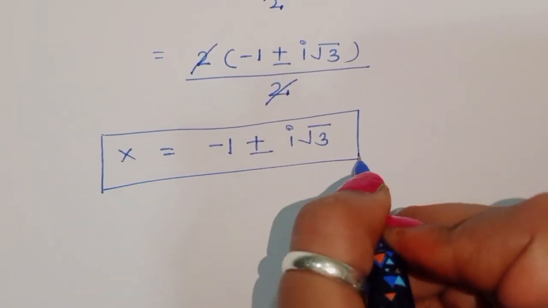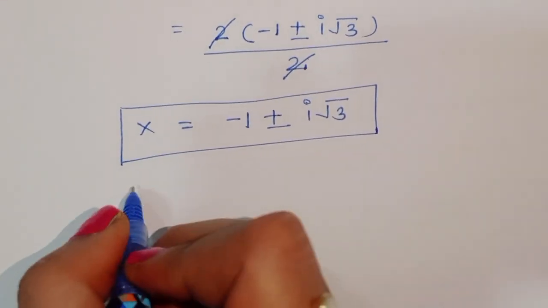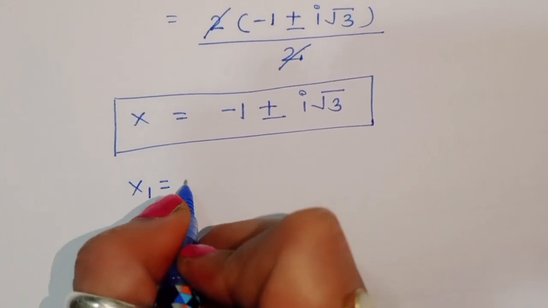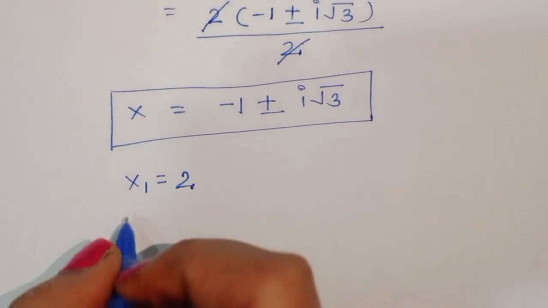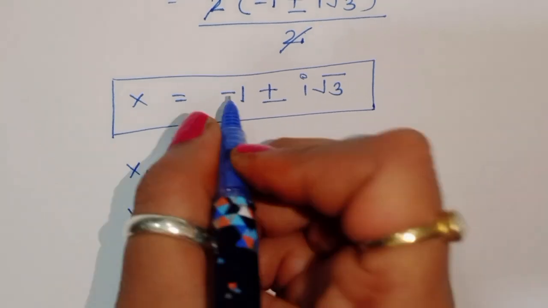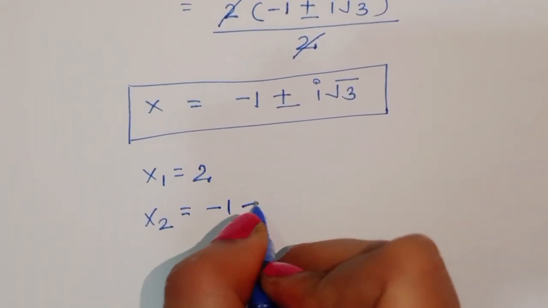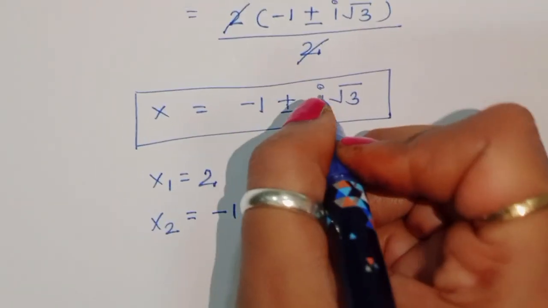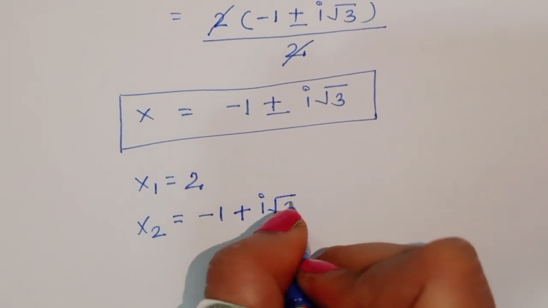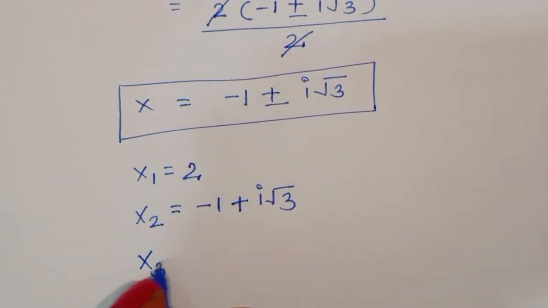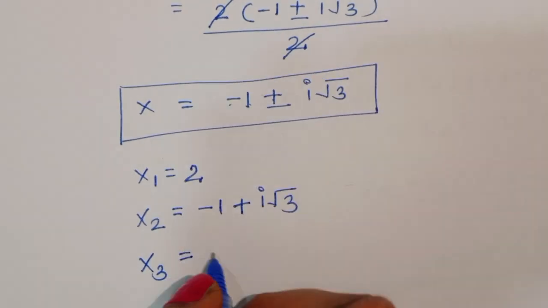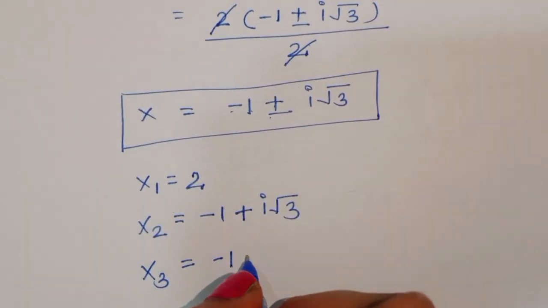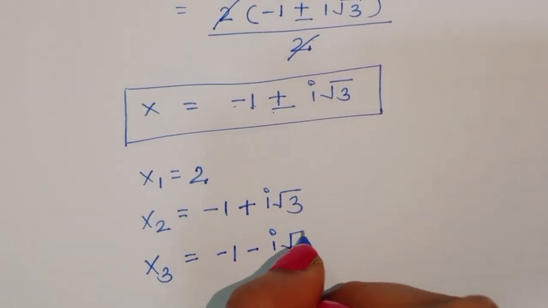We already got one value, x1 is equal to 2. This is x2 is equal to minus 1 plus i square root of 3, and x3 is equal to minus 1 minus i square root of 3.